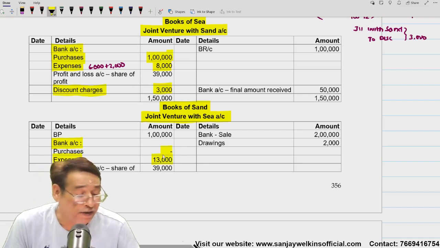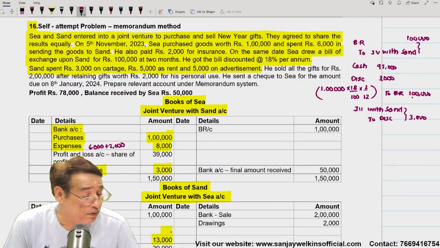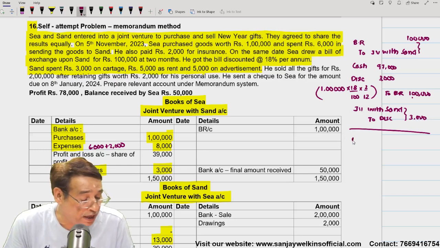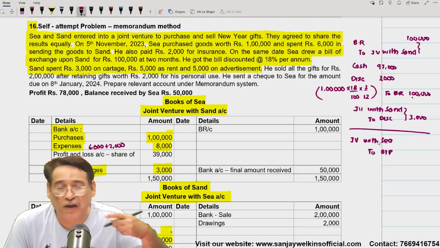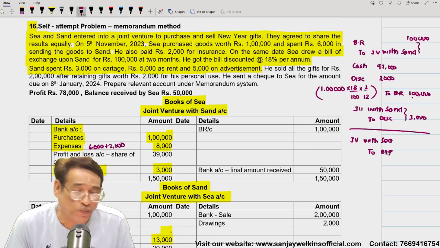And before that, you must also understand. When you drew a bill corresponding to this entry, in the books of SAND, SAND will write joint venture with C account to bills payable account, because he will sign the bill and pay back and then return the bill to you. Correct? So you will receive the bill. It is bills receivable from your side, but it is bills payable from my side. So 1 lakh.